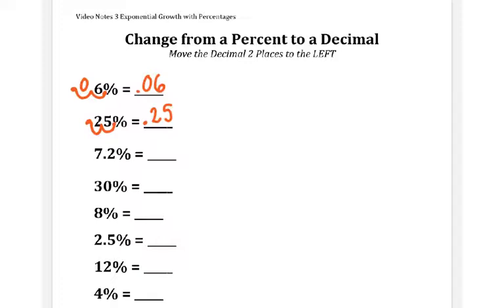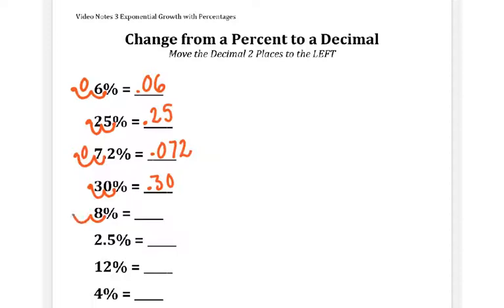The next one, 7.2%, we move that 2 spots to the left. So that becomes 0.072. The next one, 30%, we move that 2 to the left. So 30% is actually written as 0.30. Next, 8%, it's originally here.